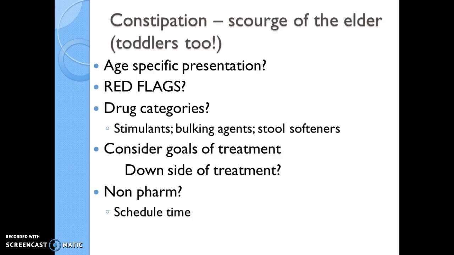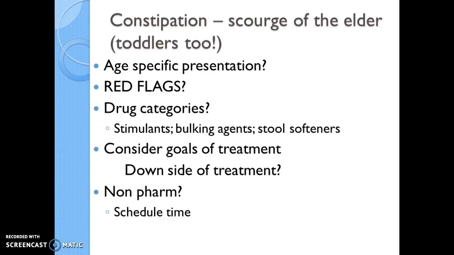So switching gears to the other end of the bowel, the scourge of elders and toddlers too, constipation. Specifically when we think of elders, it's much a functional problem in most cases.